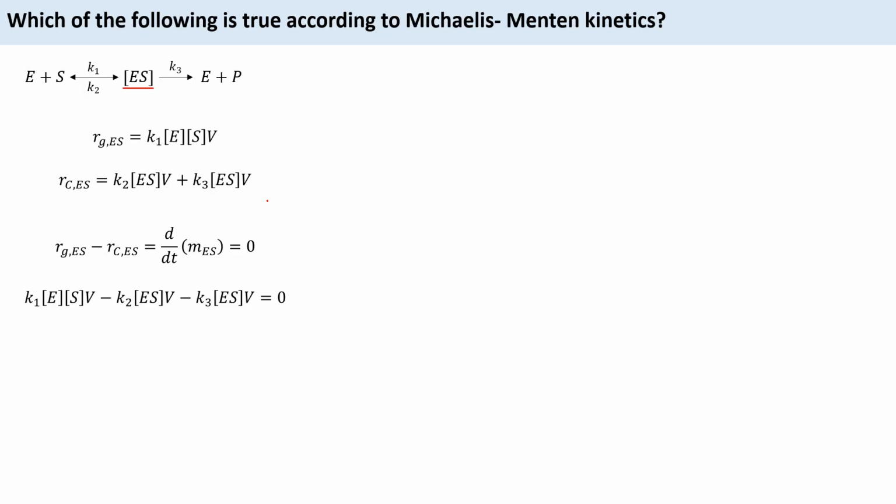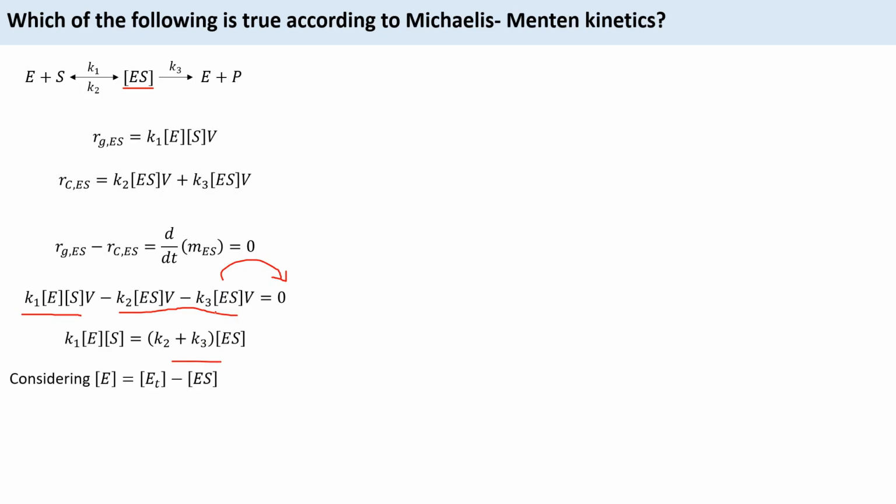We are just going to rearrange this equation. Keep K1 on one side, make sure everything is positive, and bring the K2 as well as K3 on the other side. So the V will get cancelled in the overall equation, since V is on both the sides, whereas K2 plus K3 into ES has happened.